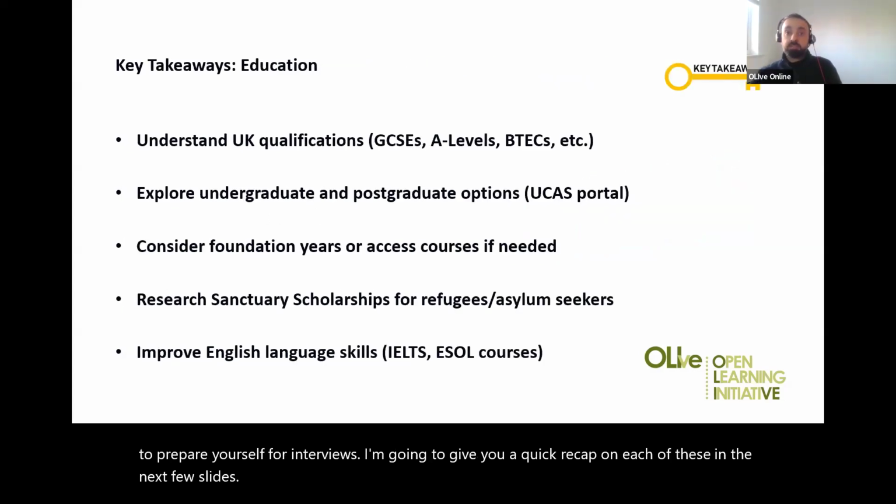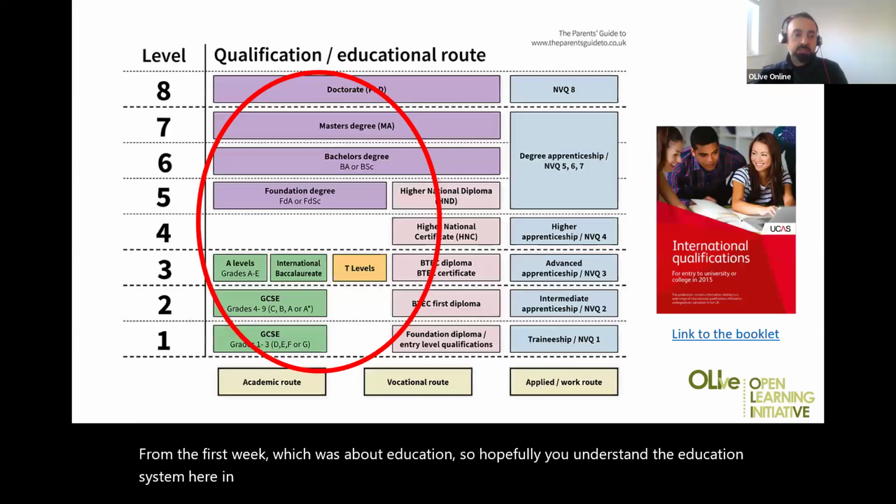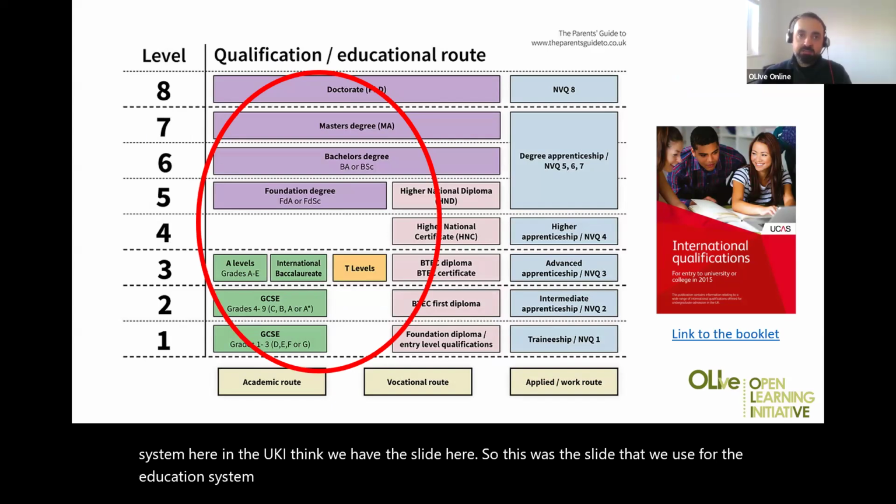From the first week, which was about education, hopefully you understand the education system here in the UK. So this was the slide that we used for the education system. It's based on different levels from level 1 up to level 8.